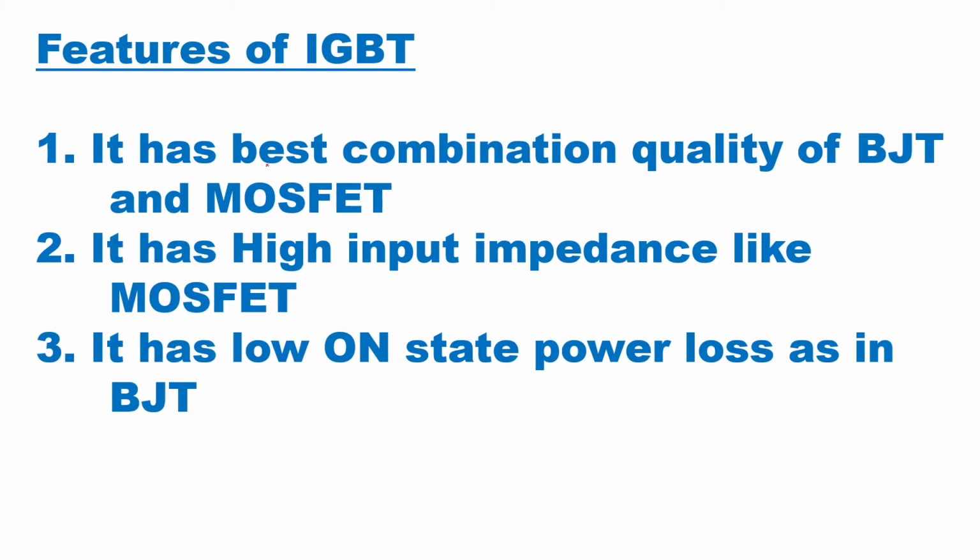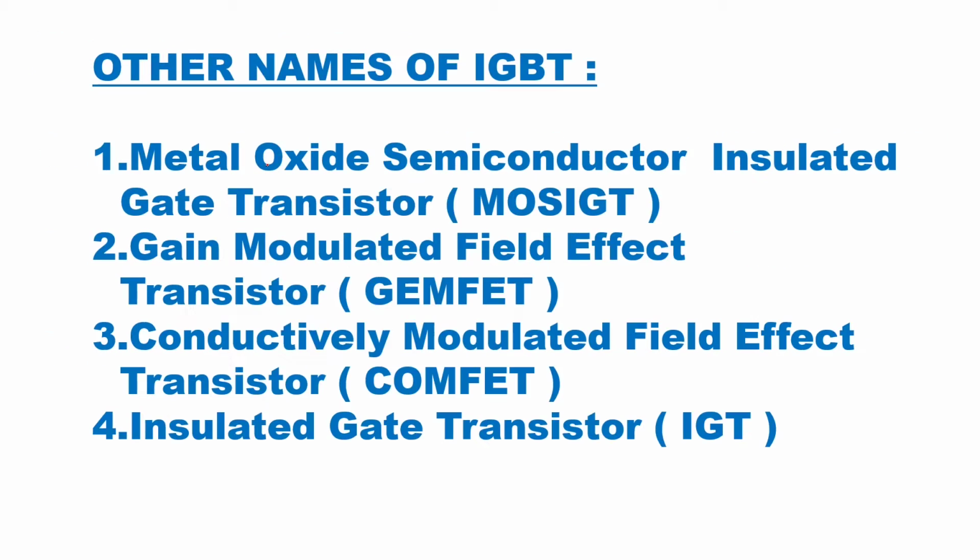So IGBT has high input impedance, low on-state power loss, a fast switching time, and more efficiency. It has the best features from BJT and MOSFET combined in the IGBT, that is, the insulated gate bipolar transistor.